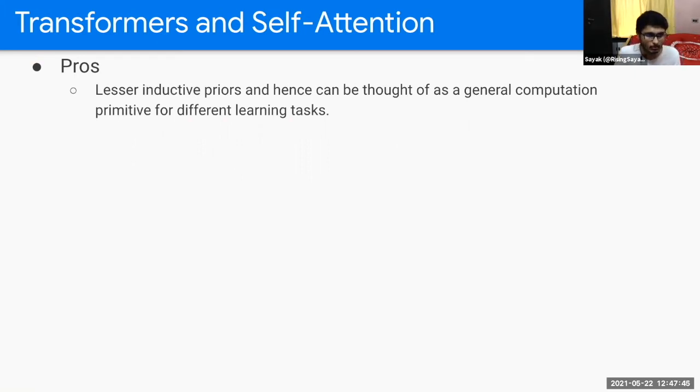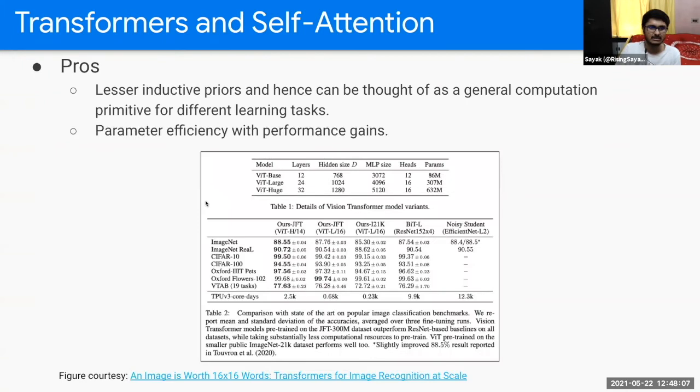That means we do not have to design inductive priors, and hence transformers can be thought of as a general computation primitive for different learning tasks. Basically we need to stack multiple transformer blocks, throw data at it, and figure out what's relevant, right? And parameter efficiency with performance gains.